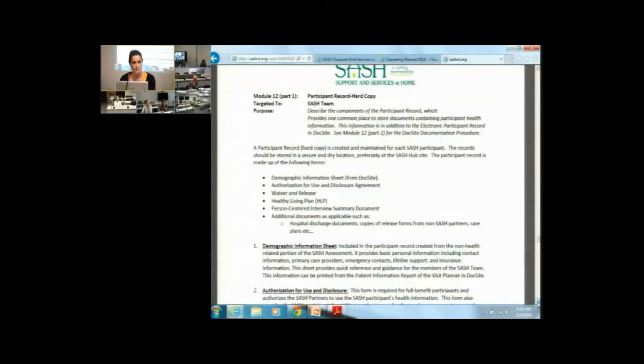As far as the hard copy record, some of you who are joining existing sites or have expanding sites may see a blue folder that looks like this. These were fairly complex participant folders with multiple tabs, and everything had to be in a specific order. You don't have to have these anymore.